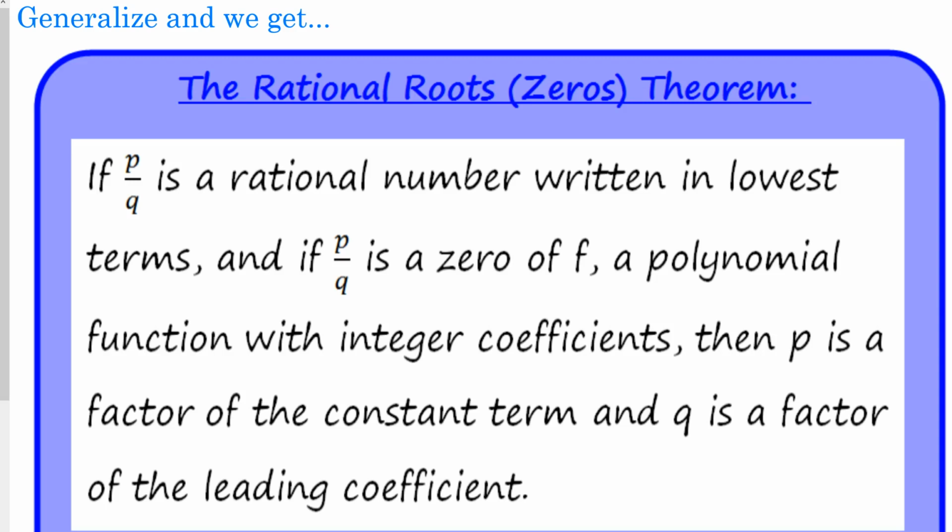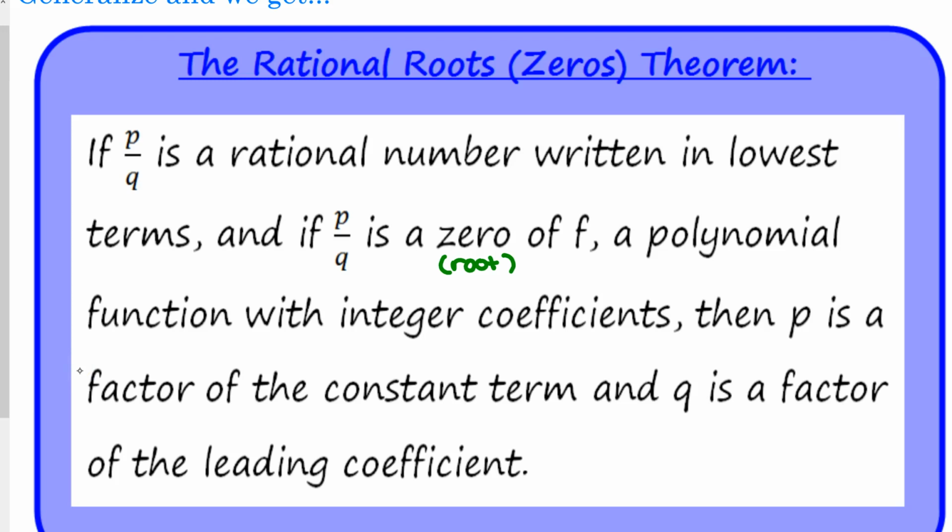This is called the rational roots theorem or the rational zeros theorem, and you should write this down. If P over Q is a rational number, so a fraction, written in lowest terms, and if P over Q is a 0, meaning a root of the function f, which is a polynomial function with integer coefficients, then P, here's the important part, P is a factor of the constant term.